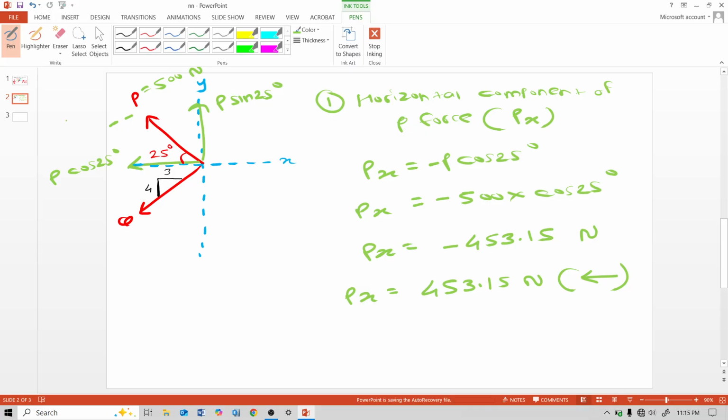Now next, what will we find? We will find the vertical component of the P force.